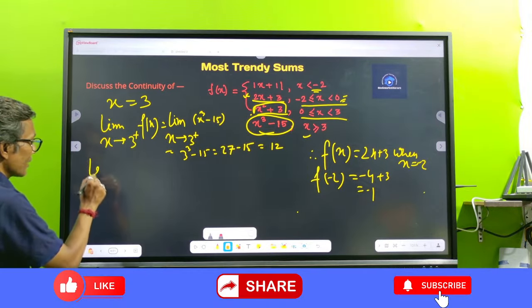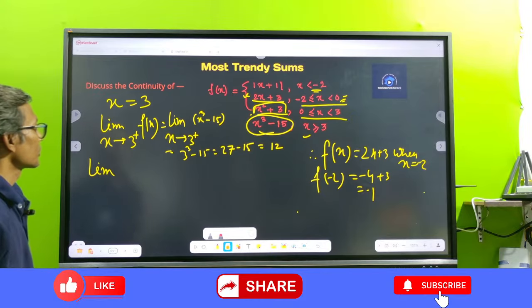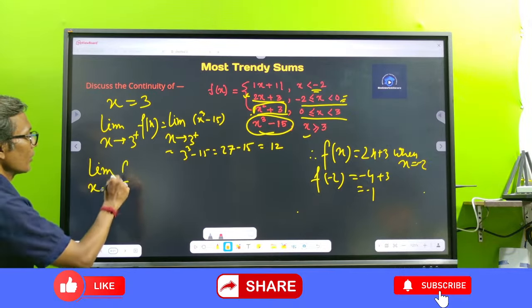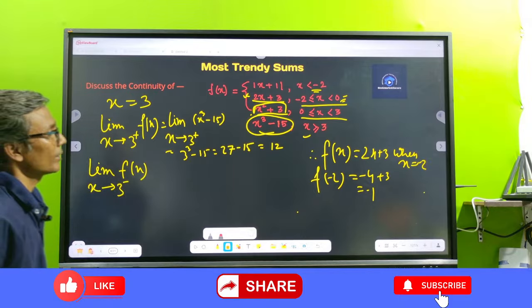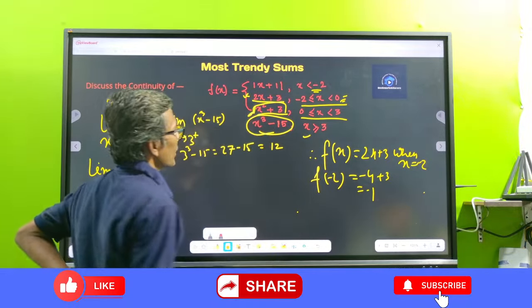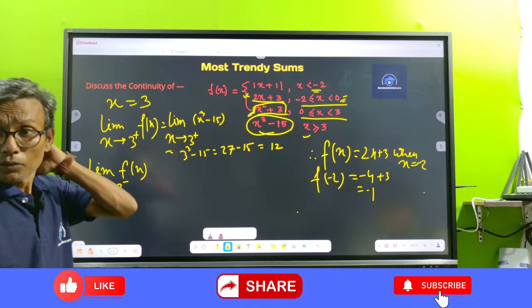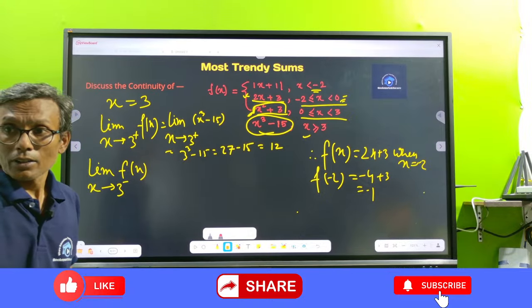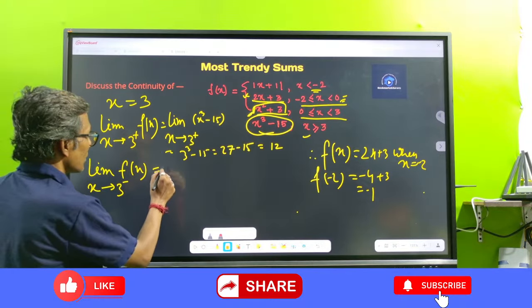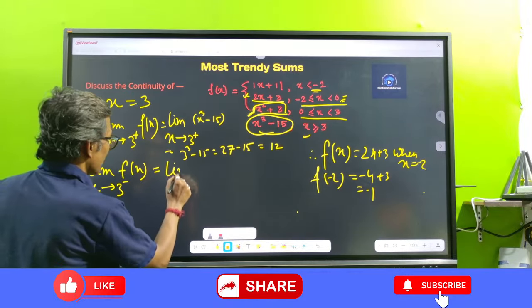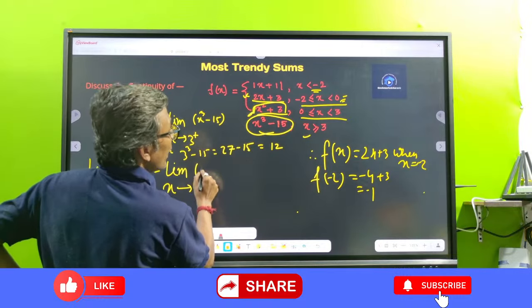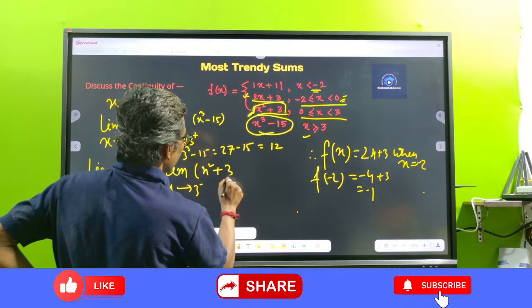So the left hand side limit at 3 of the given function, x tends to 3 minus f of x. When x is less than 3, this function will be taken: x square plus 3.